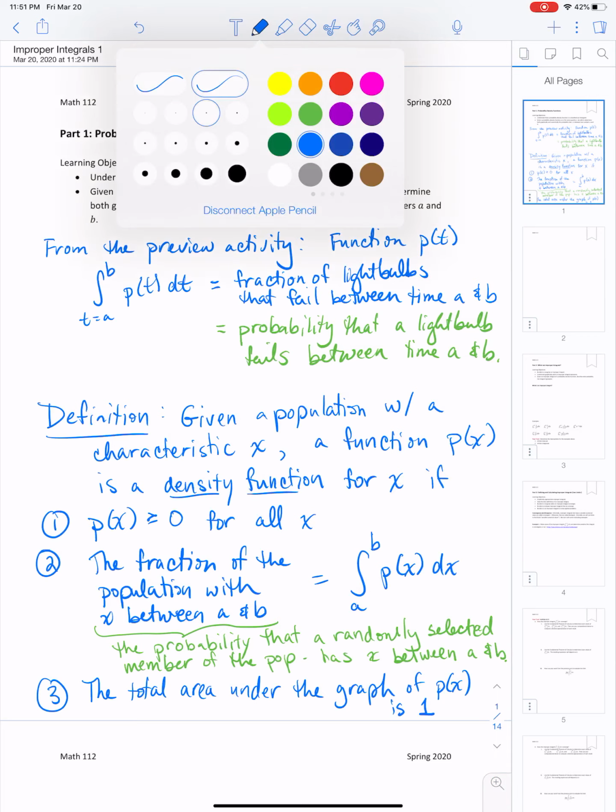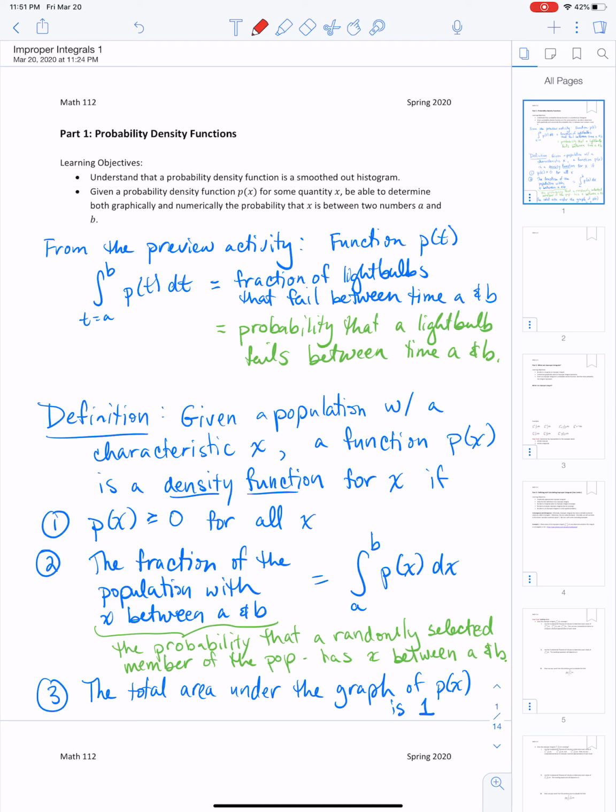And I just want to relate this again back to the preview activity. In the preview activity, the population was light bulbs, and the characteristic was failure times.